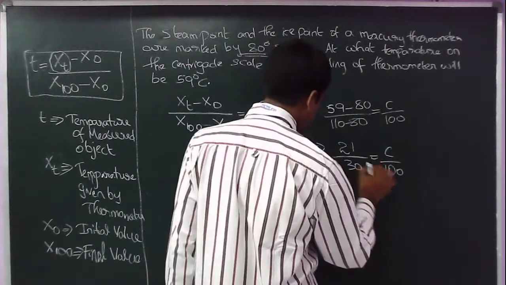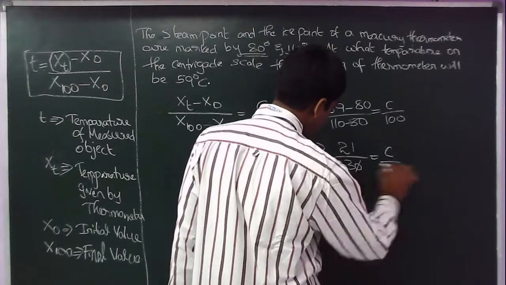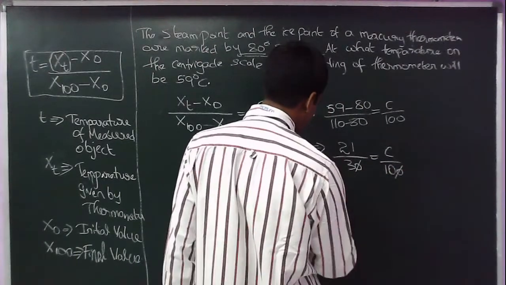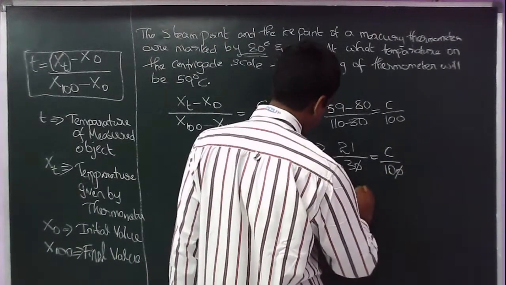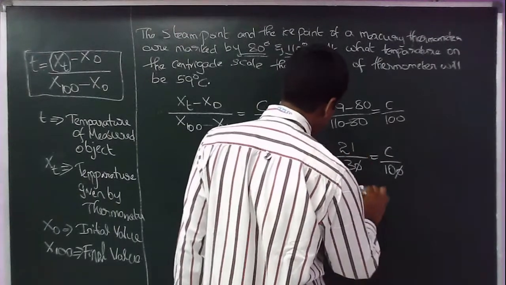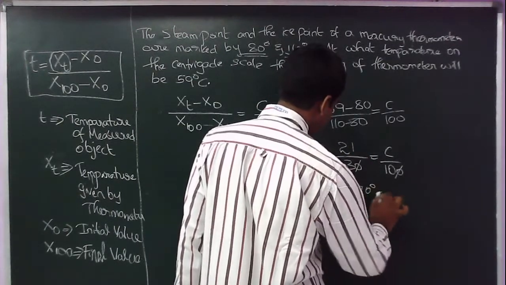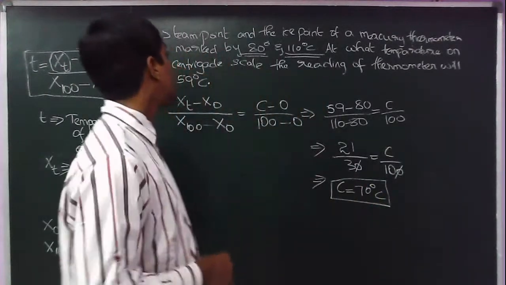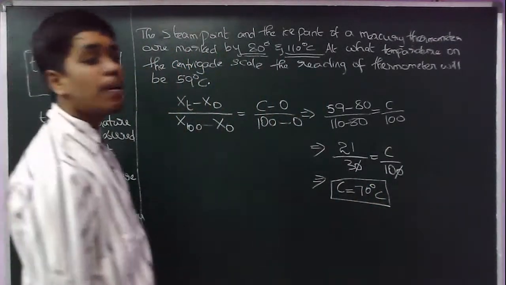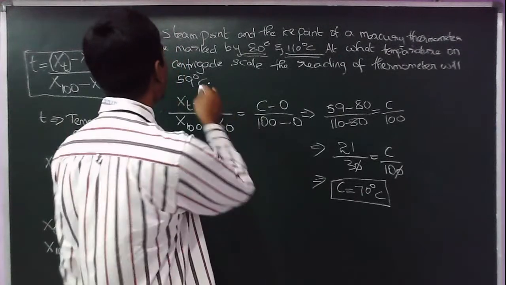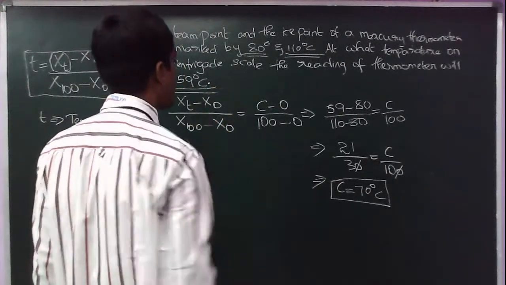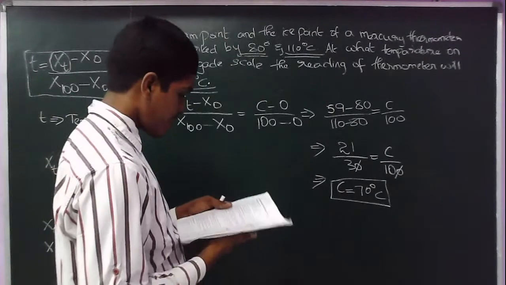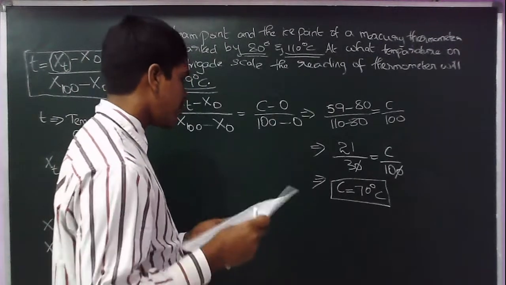Now this and this one cancel out. So C is equal to 70 degrees Celsius. So at this temperature, the mercury thermometer reads 59 degrees Celsius. Okay, this is the point. Let's check our answer is correct. Yes, we got it right.